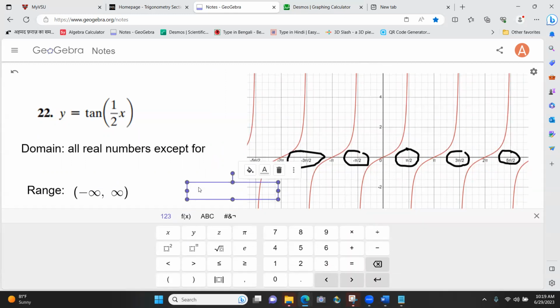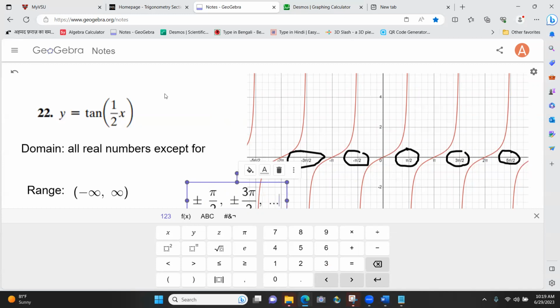I can say that. Comma, plus minus 3 pi over 2. And you can just say so on and on. You can put a comma.